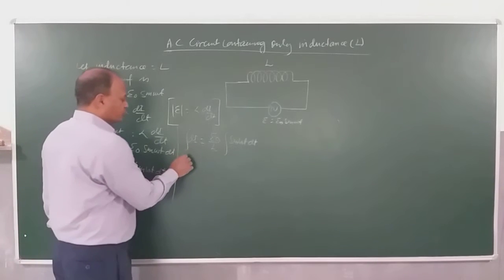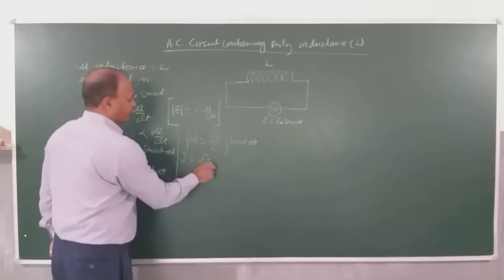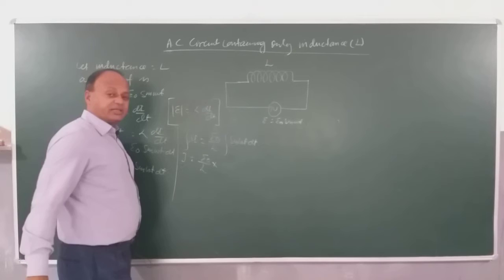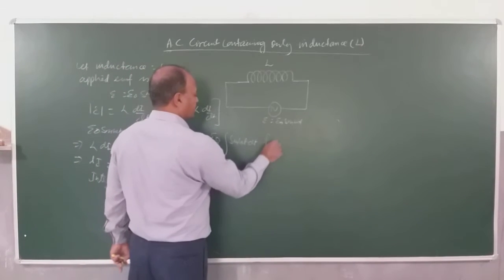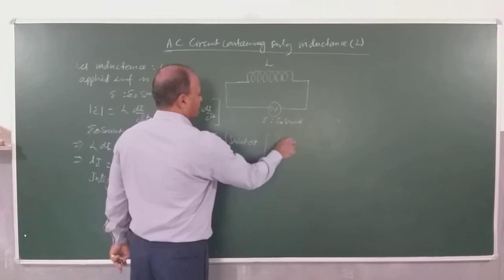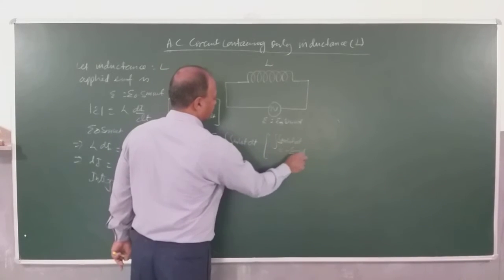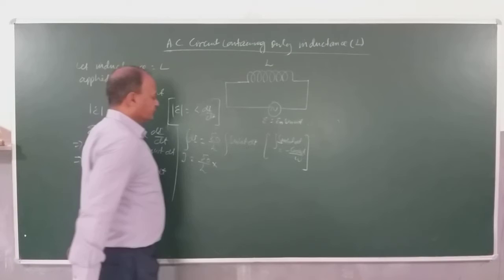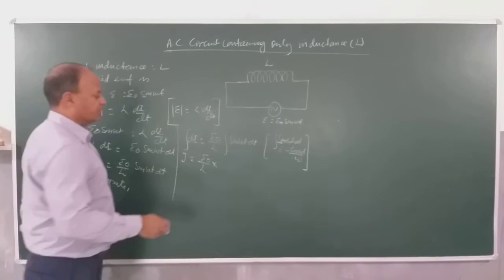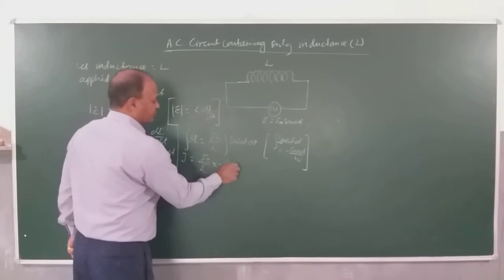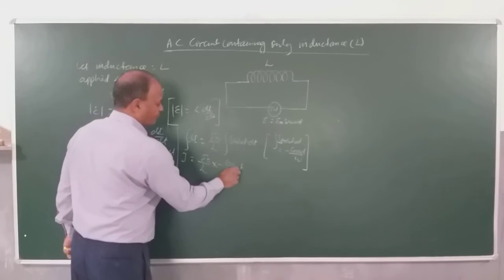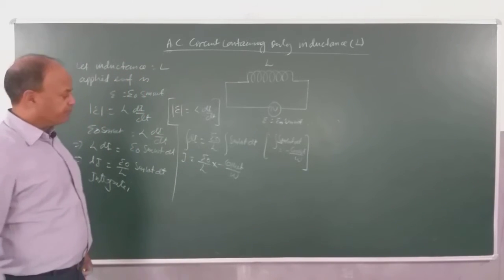Or I equals, children, E naught by L. If you are not from mathematics, then you should know that integration of sin omega t is minus cos omega t by omega. Clear? So I get here minus cos omega t by omega plus C.